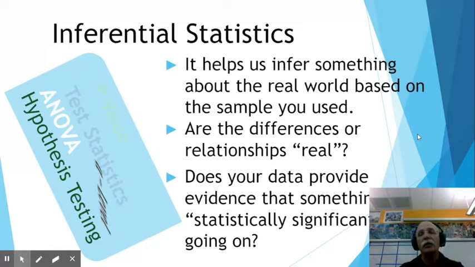Now, when we talk about whether these differences or relationships are real, it's like, what do you mean they're not real? We collected them from the group. But when we're doing samples, we would often expect to find a little bit of variability from the population that we drew that sample from. I'm going to give you an example here in just a minute.